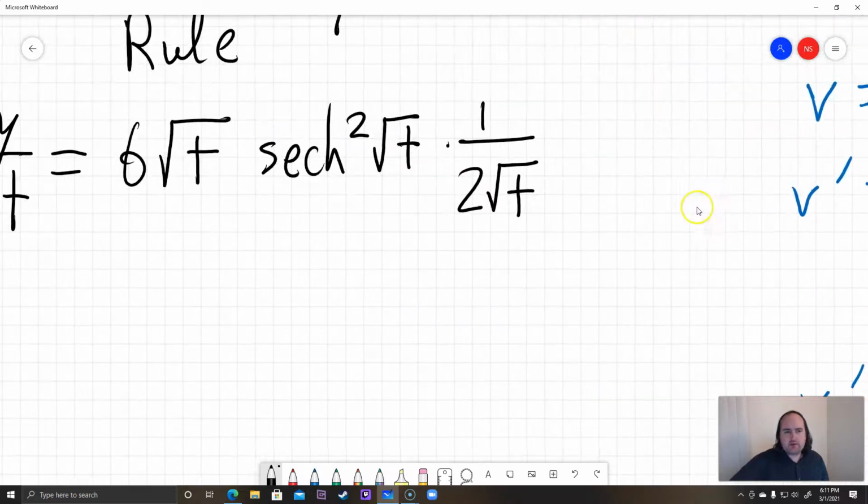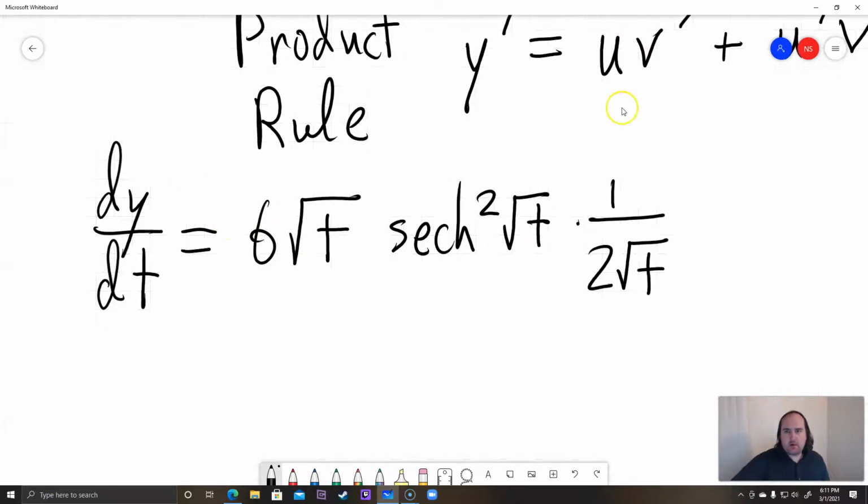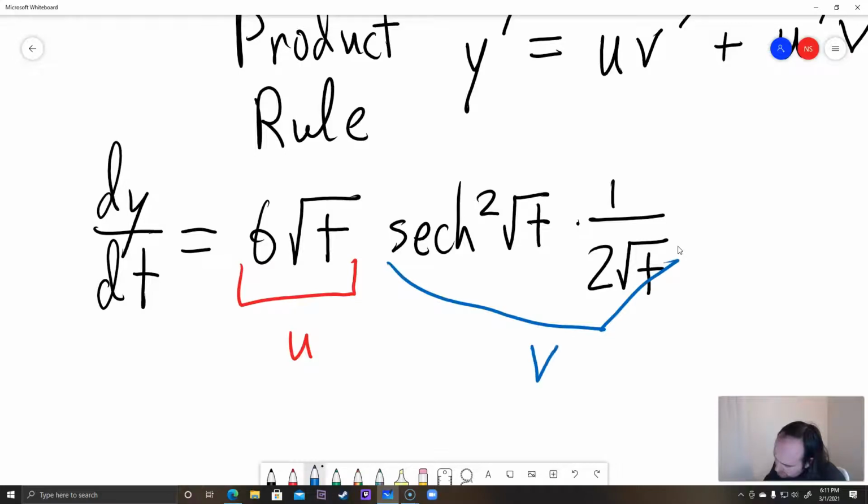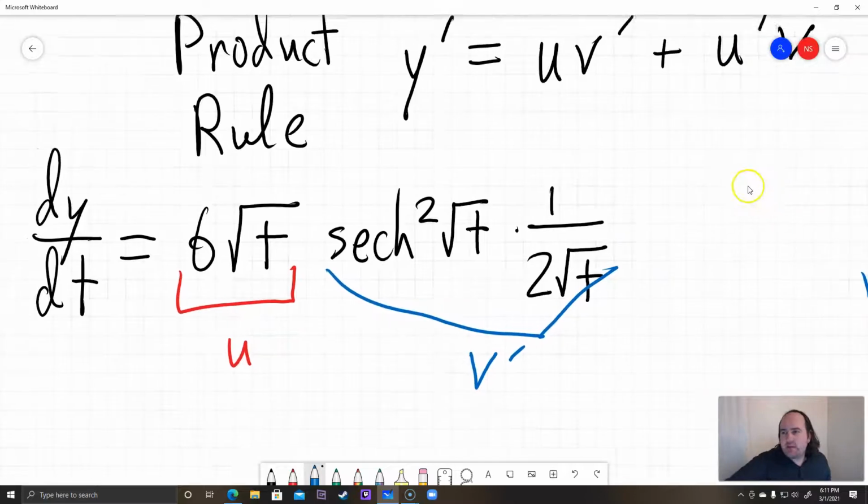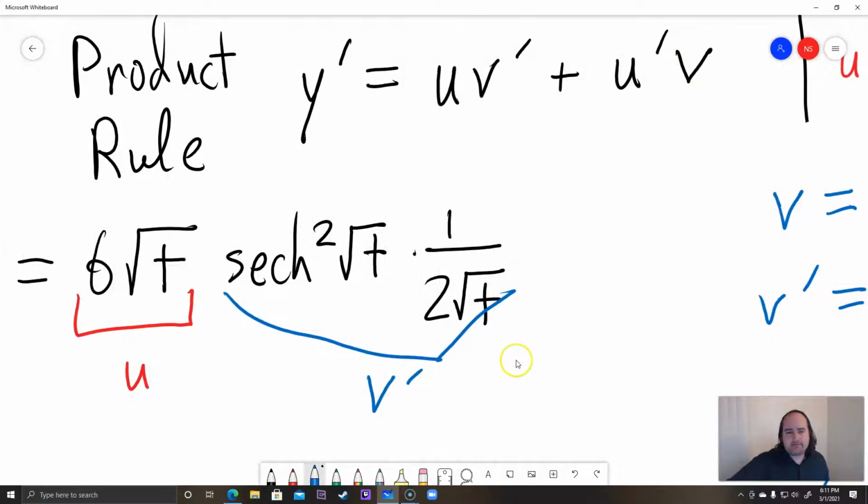Okay, so there's our v prime. So what we have here is u times v prime. That one right there is v prime. And then we have plus u prime v.